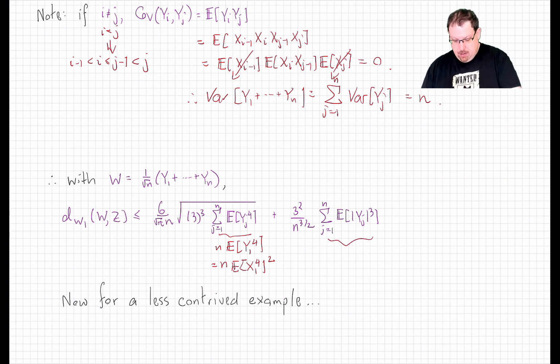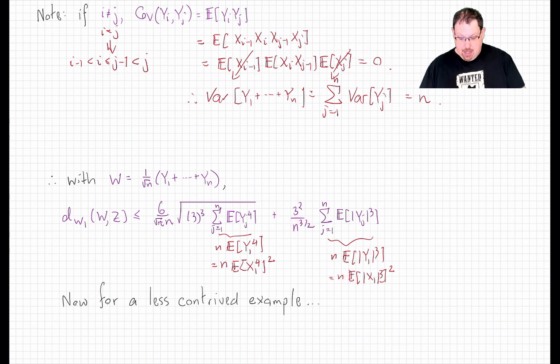And similarly here, this sum is n times the common third absolute moment, which is n times the third absolute moment of x1 squared. Now this n inside the square root divided by n out here gives a 1 over square root of n. And this n divided by n to the 3 halves also gives a 1 over square root of n.